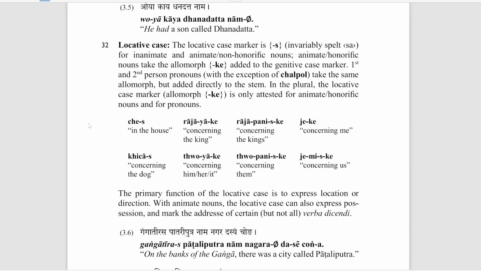Okay, so we have the last case for this lesson. It's the locative. Normally the locative is just sa for inanimate and also some animate non-honorific nouns. I would say this also goes only with animals or children. I never see logasa concerning a person.